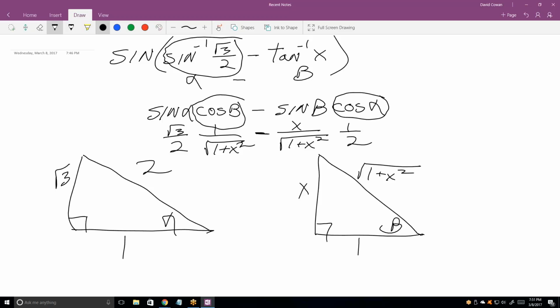Now, this one, I'm not going to be able to figure out either the sine or the cosine of beta without drawing the triangle. There's really 3 things that we had to figure out. The only one that I was really given was that one there.